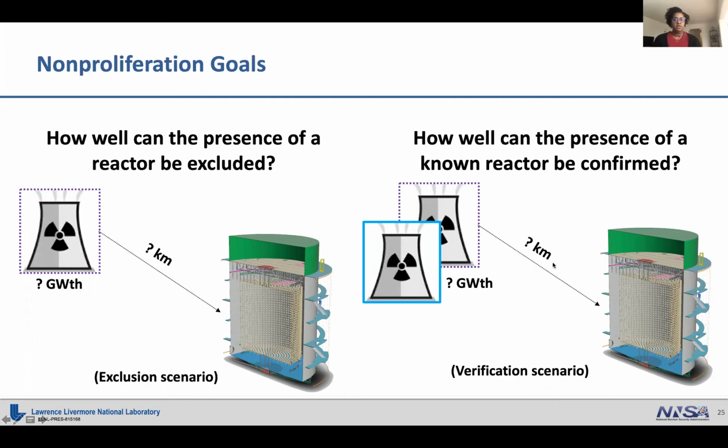So if you had an antineutrino detector, how well, on top of the expected signal that you're expected to see, can you see another nuclear reactor that hasn't been declared? In this case, we call it our verification scenario. And then also within our verification scenario, we want to see, can we actually range the location of nuclear reactors? Can we figure out where they're supposed to be based off of the fact that you have distortions in your antineutrino energy spectrum from oscillations?